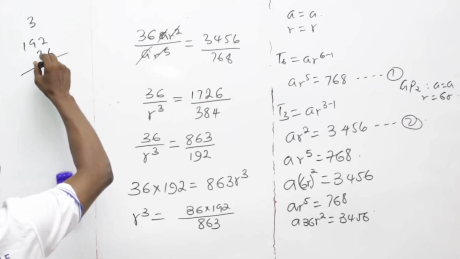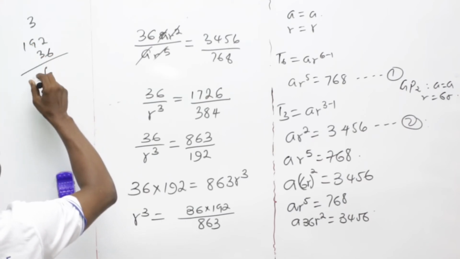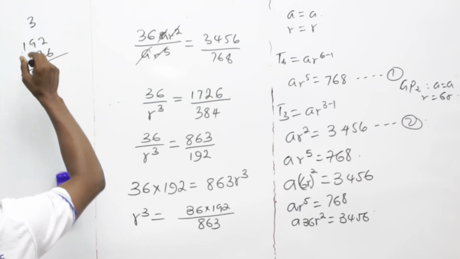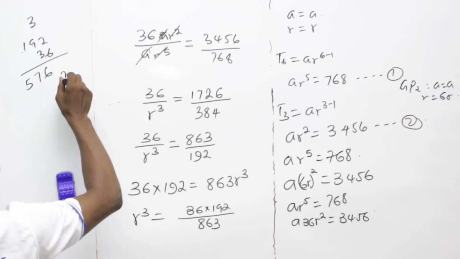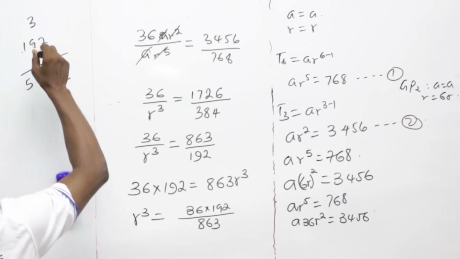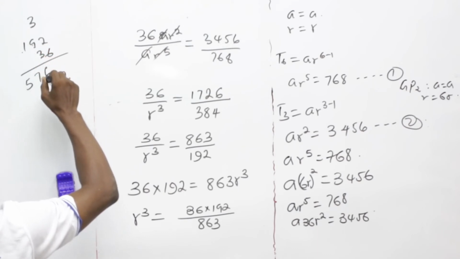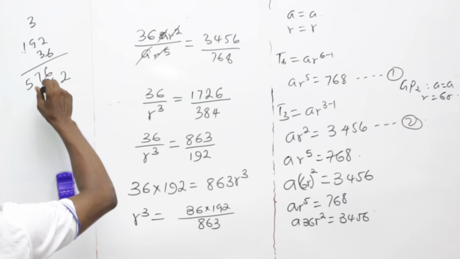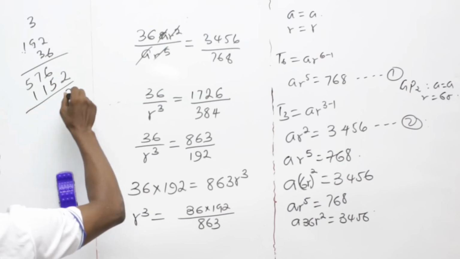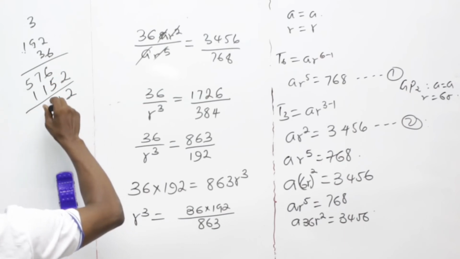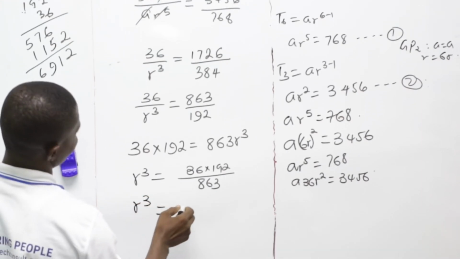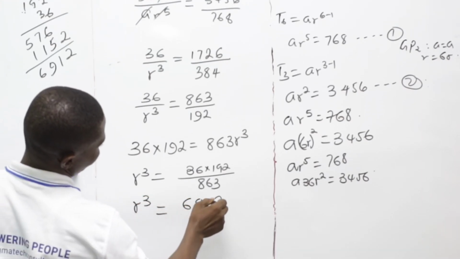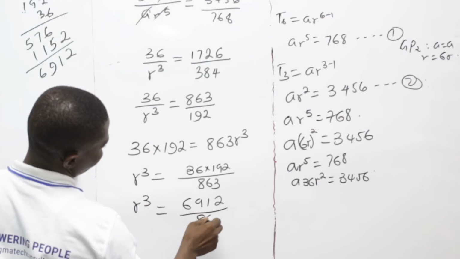This is 6, 27, carry 2, 3, 5. This is 12, carry 1, 54, 55, 6, 11. This is 2, 1, 9, 6. R cubed equals 6912 all over 863.